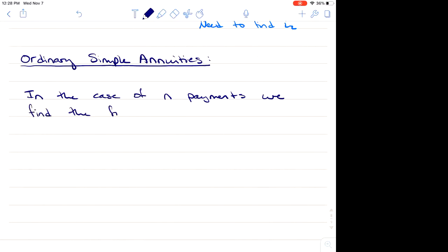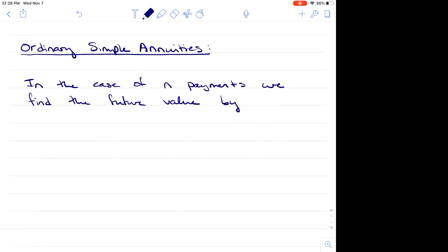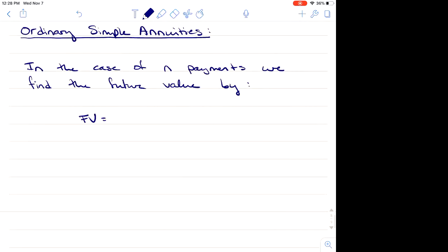The future value formula is PMT, which is the payment amount that you're making at each payment period, PMT times 1 plus I to the power of n minus 1, over I.